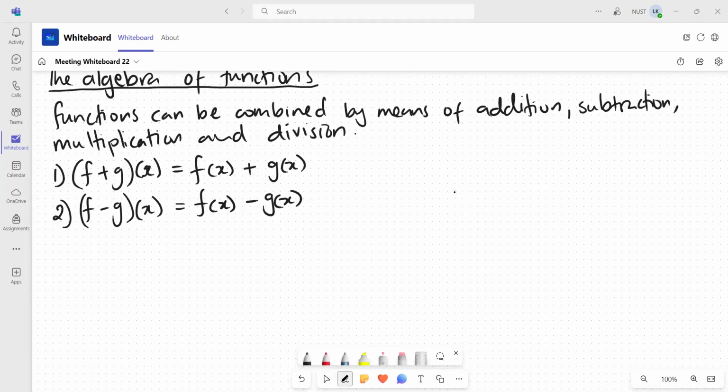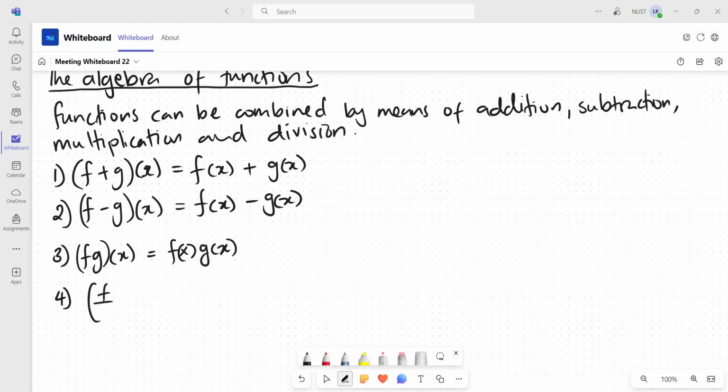Then number 3, we have a product, fg of x. This means f of x multiplied by g of x. So substitute into f, substitute into g, and then multiply. Then division is the same, f over g of x.